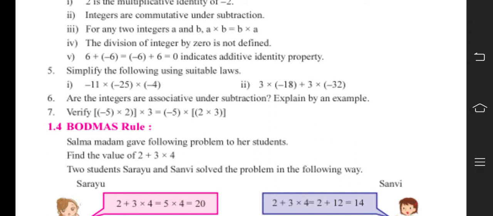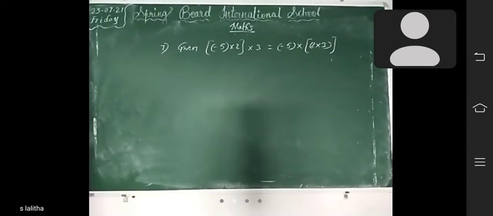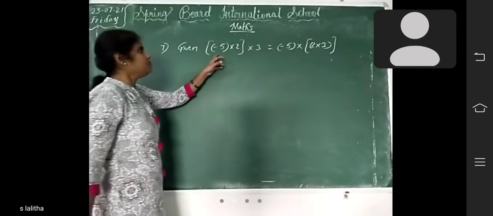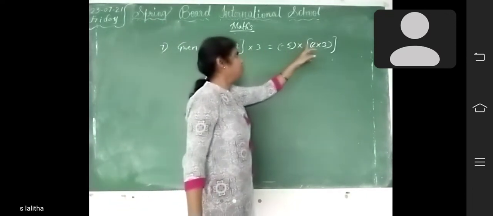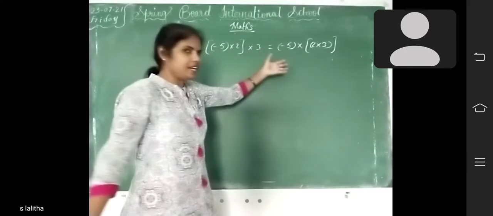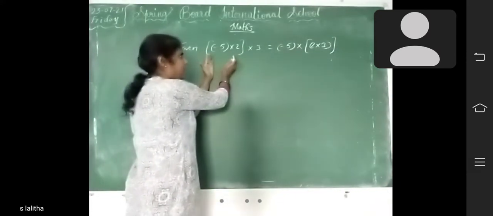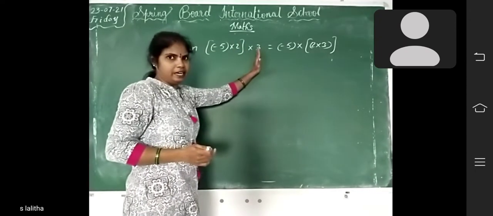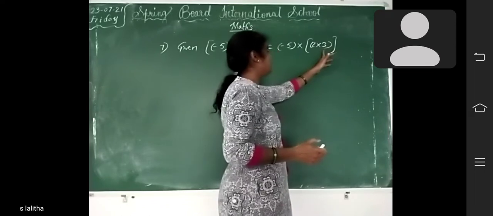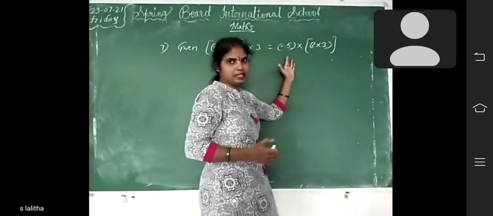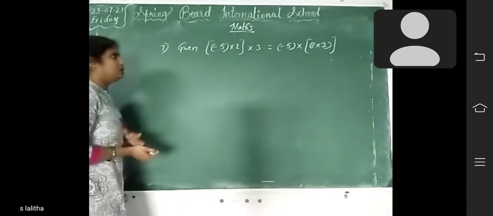Here the first two integers are multiplied, then multiplied by the third integer. Here the second and third integers are multiplied, then multiplied with the first integer. So which property is it? Very good. Associative property.